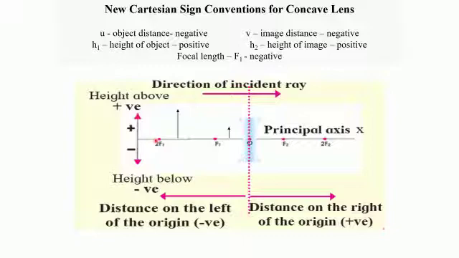So that is going to be negative. So focal length for a concave lens is negative, whereas that of a convex lens is going to be positive, because we take into account the second focus for convex lens. So you have to remember these sign conventions and apply them whenever you are solving the numericals.